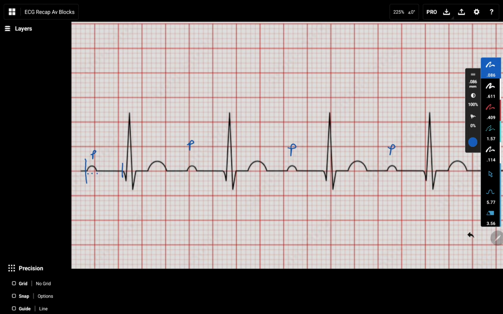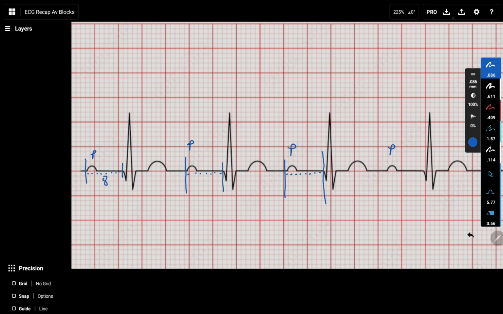1, 2, 3, 4, 5, 6, 7, and 8, probably. Here again, 1, 2, 3, 4, 5, 6, 7. So you see, in all of these ones here, we are looking at a PR interval that is more than 5 small squares. So what else have we got here? 1, 2, 3, 4, 5, 6, 7, 8.